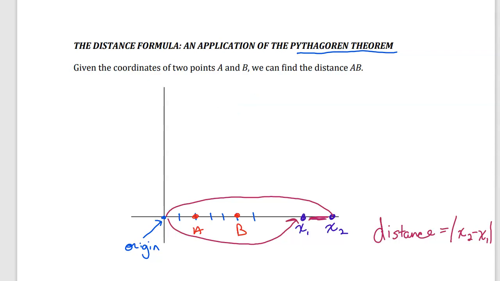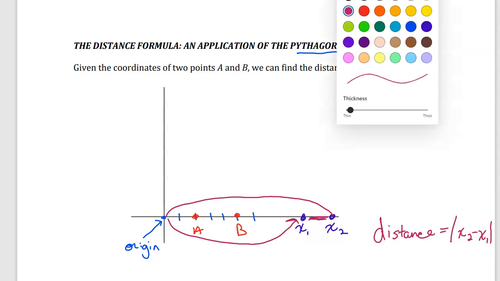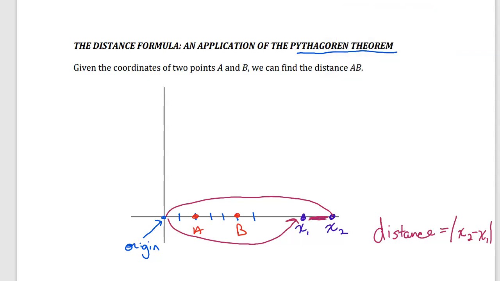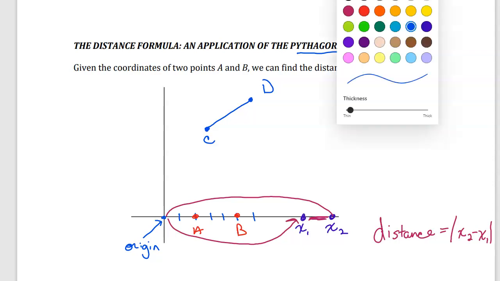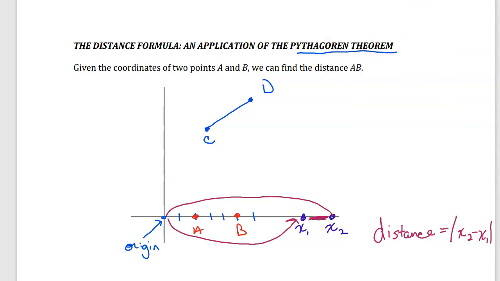Now then, if I were to look at 2 points on my graph, this point and this point, I'm just going to call this C and D. And I want to know the distance between these 2 points. Well, I don't have just an x1 and an x2 anymore. I have an x difference and a y difference.